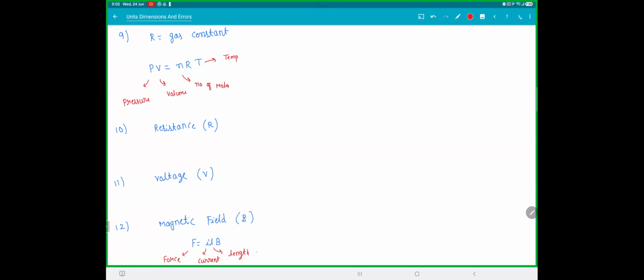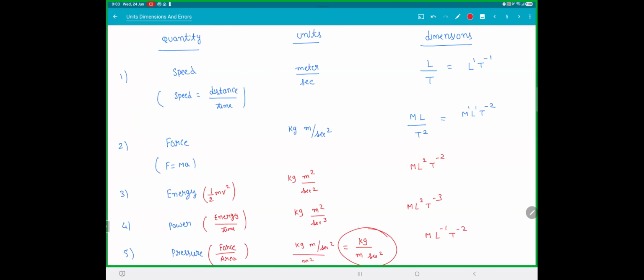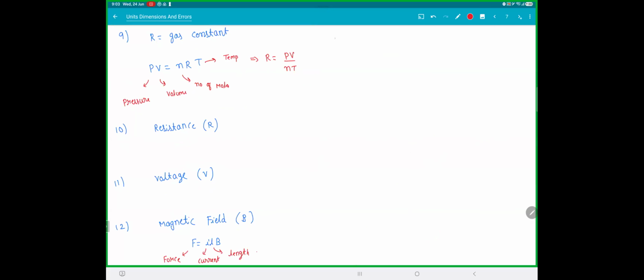Okay, let's see. Here you want to find the gas constant. So R is equal to PV by nT. P is pressure. Pressure is again force by area. Force is kg meter per second square, by area, meter square. So you have to do some work. We already know kg meter per second square.